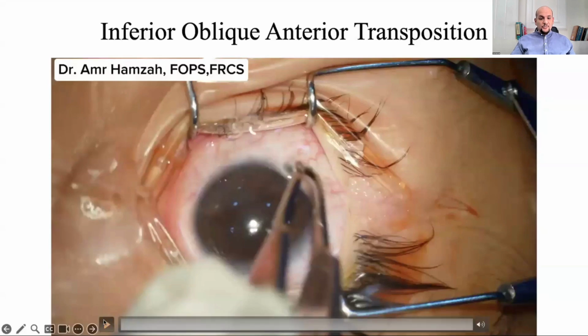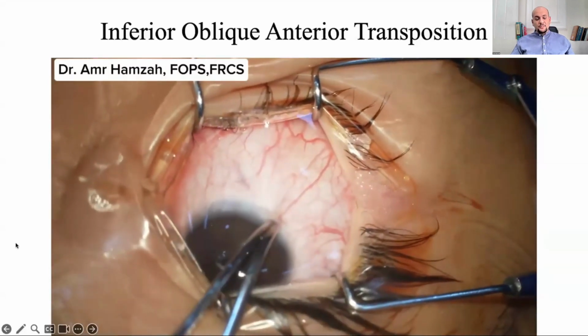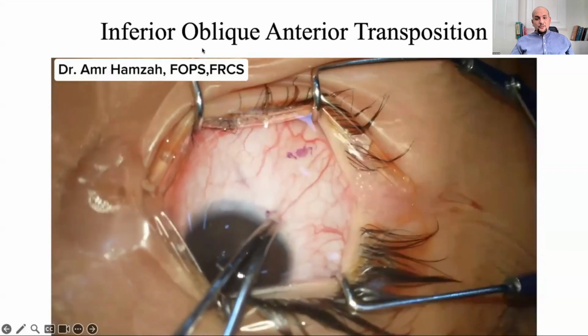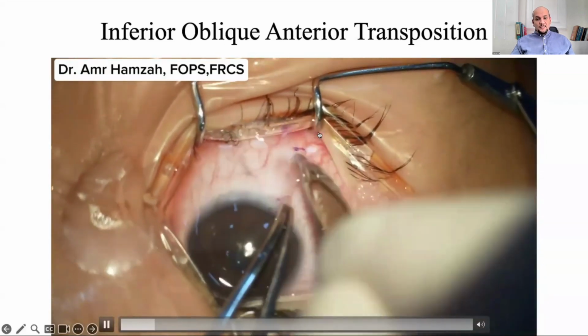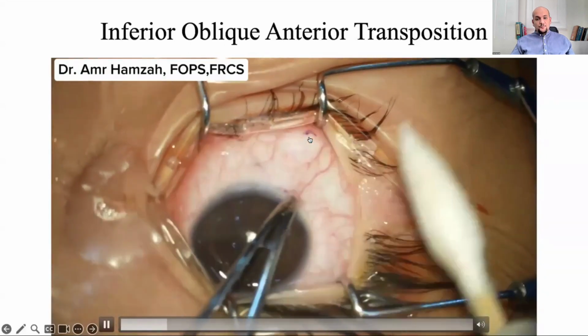So this is the surgery: inferior oblique anterior transposition, inferotemporal fornix incision, 7 millimeter from the limbus.